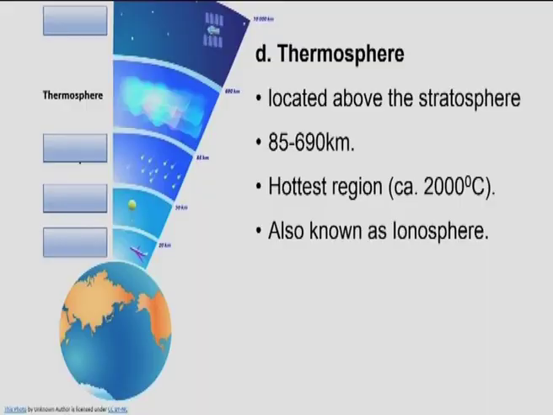Now we will move on to the last layer of the atmosphere, which is the thermosphere. As the name suggests, the thermosphere is the hottest region of the atmosphere, and the temperature ranges up to about 2000 degrees Celsius. This is due to severe activity of solar radiation, also known as flare activity.